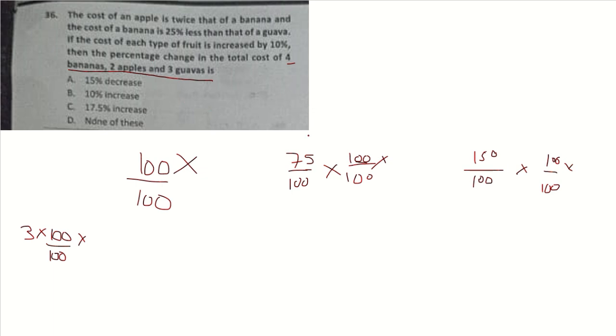For 4 bananas, it will be 4 into this, and 2 apples, 2 into this. Now when the cost of each fruit is increased by 10%, when we're taking these together, we will add this, right?